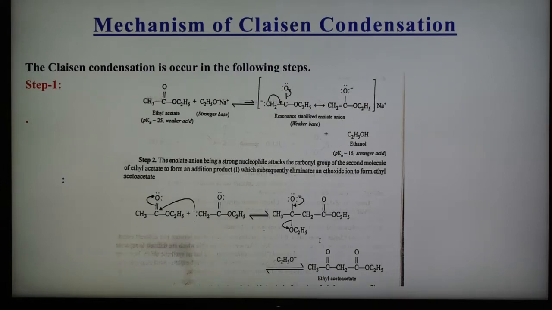Second, due to reversible formation of enolate ion, optically active esters of this type undergo racemization during Claisen condensation. So these are the two reasons that support the mechanism of the Claisen condensation reaction.